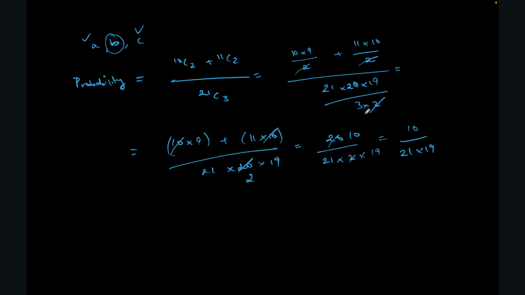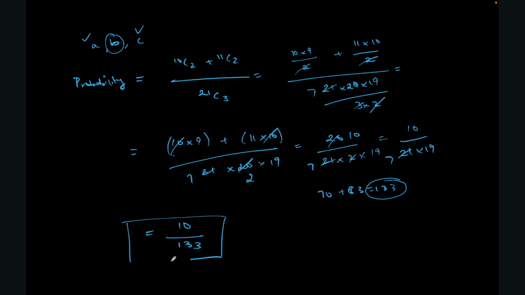Okay, and I've missed one part, which is this part. So 7, I missed adding it. So this is a 7, this is a 7, this is a 7. So 19 times 7, I believe, is going to be 133. Okay, and that should give me 10 by 133.